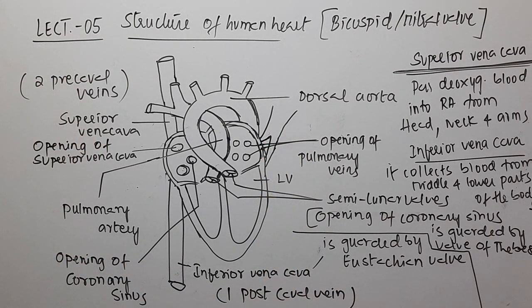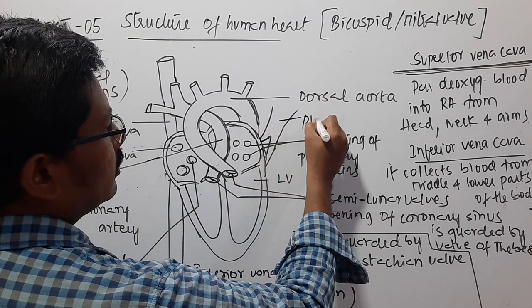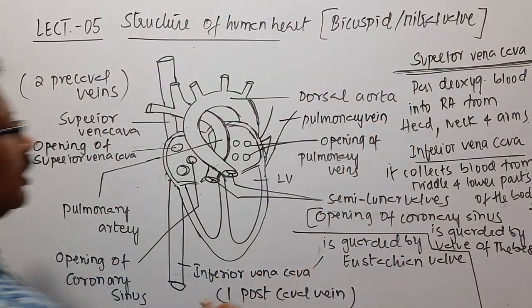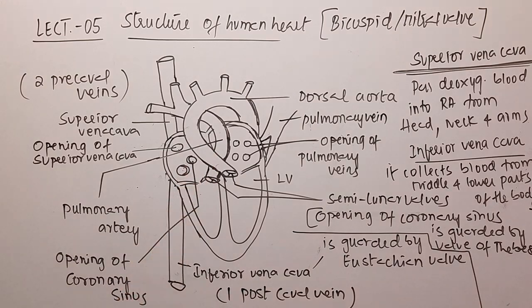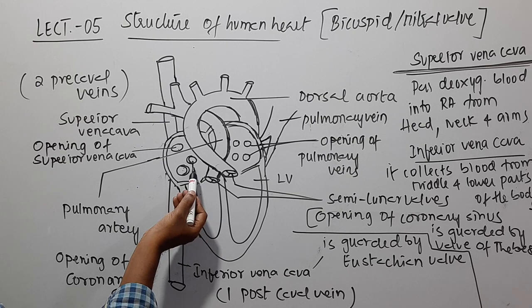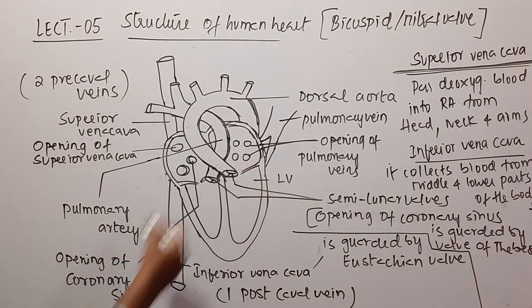So we will see like this. So in the left atrium you will see a total of 4 openings, and those are all the openings of pulmonary veins. Here in the right atrium, 3. In this case, these pulmonary veins are also not guarded by any valves.